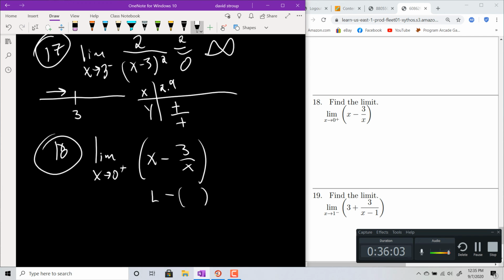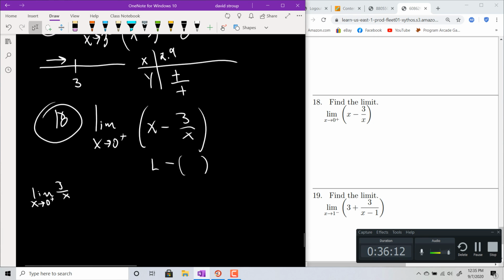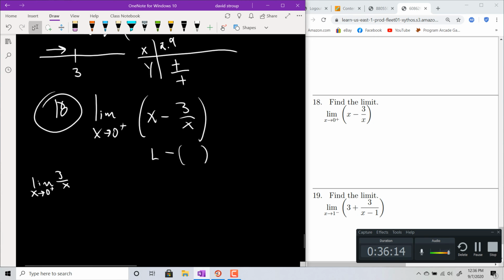So we can, again, just extract that little part and consider what's happening there. It's L over 0. I need to find if it's plus or minus infinity. It'll be plus infinity, right? Let's think about it. 0 from the right, and I'm thinking of numbers like 0.1. So that will be positive over positive. In other words, it is positive infinity. So put positive infinity there. L minus infinity will be minus infinity.